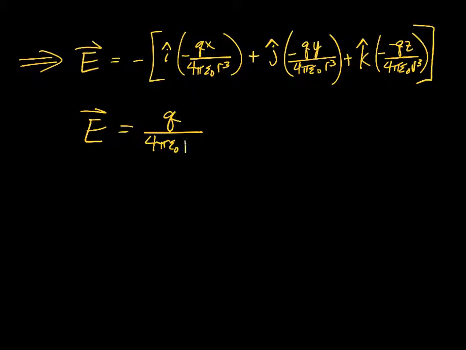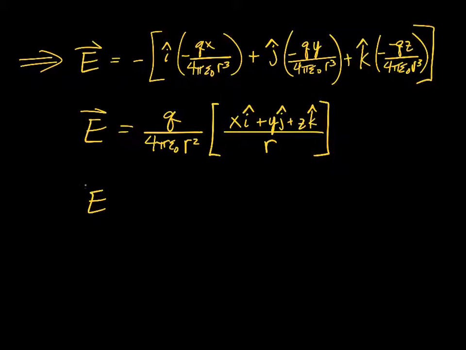Well, actually, I'm going to pull out an r squared, and I'm going to leave behind, notice the minuses canceled one another, I'm going to leave an r in there. Yay, we get back the Coulomb version from all of that.